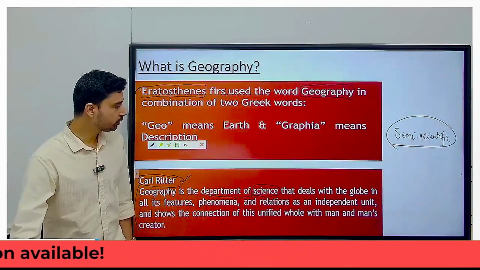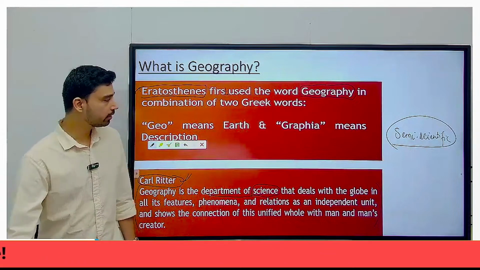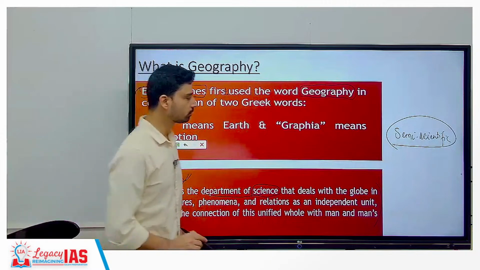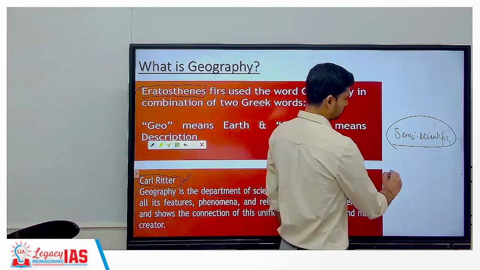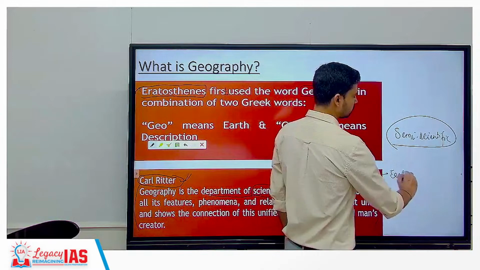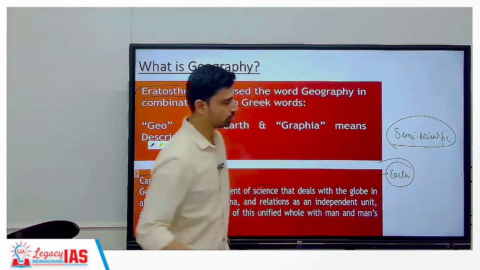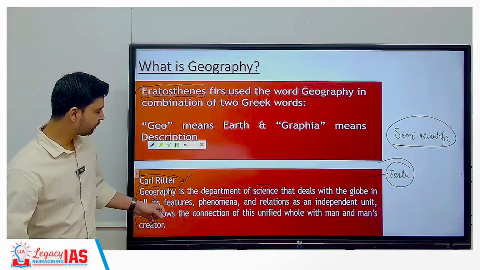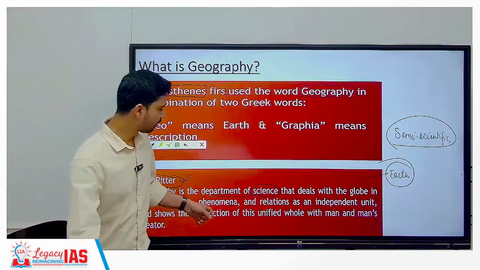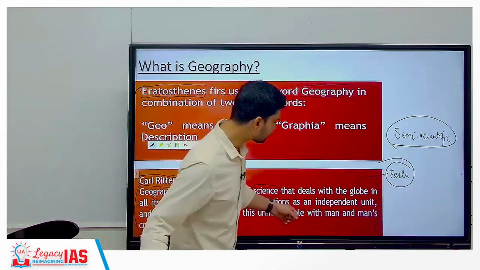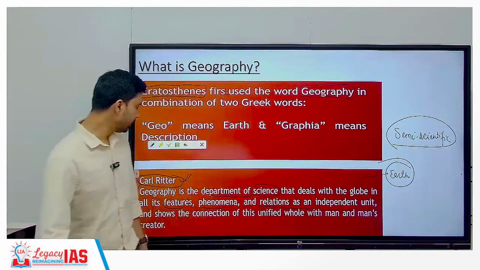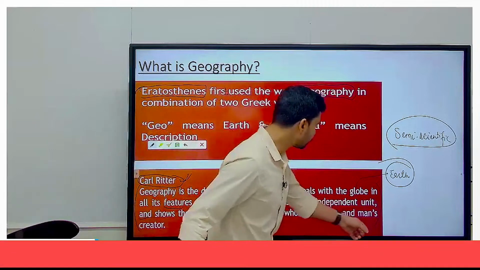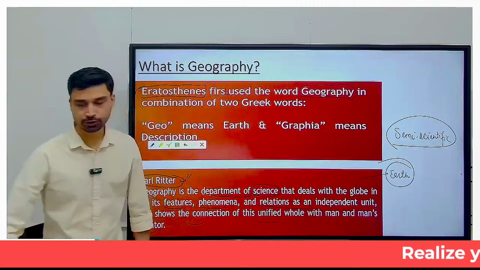So it is a branch or department of science as per Karl Ritter that deals with what? Globe. Globe means, by globe, what does he mean? Earth. Okay, so with the globe in all its features, phenomena, and relations as an independent unit, and shows the connection of this unified whole with man and man's creator.